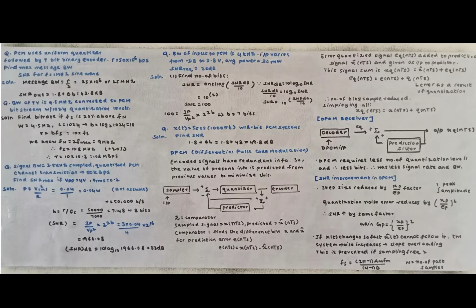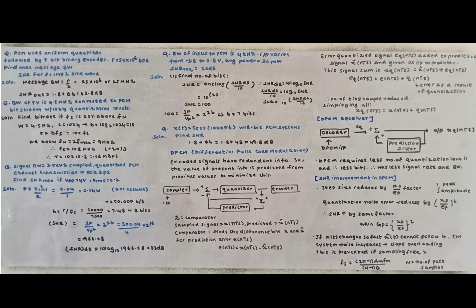So we can calculate the bit rate, R equals B times Fs. We also know that the Nyquist rate is 2F max, but they've said that the sampling frequency is 20% above. So we do 1.2 times that, which is 10.8 megahertz. And then your bit rate becomes B times Fs. Your Fs is now 10.8 and your B is 10, so it's 108 Mbps.